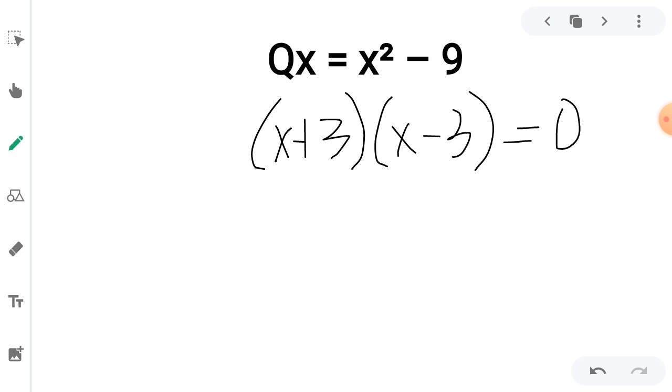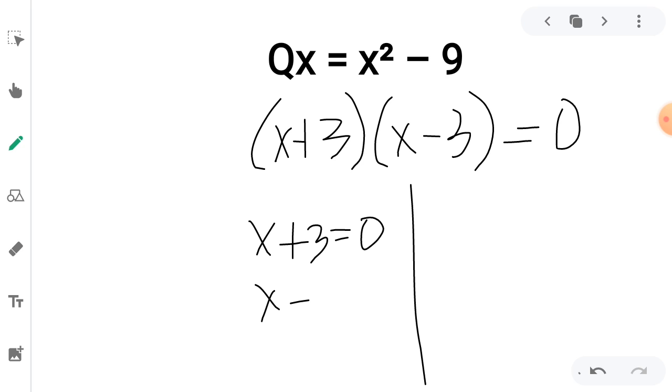So again, to get the value of x, we need to use the zero product property. So x plus 3 is equal to 0. Therefore, x is equal to negative 3.